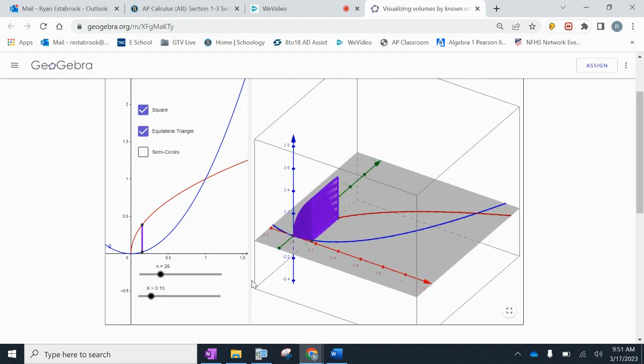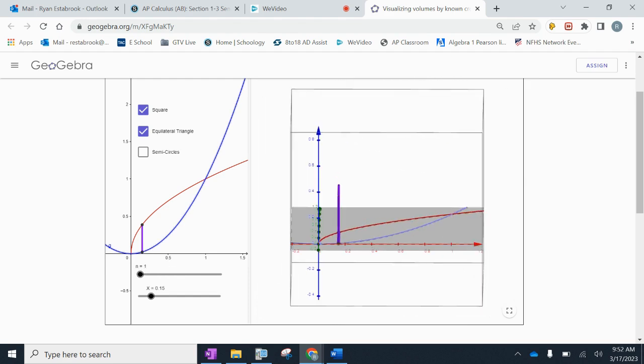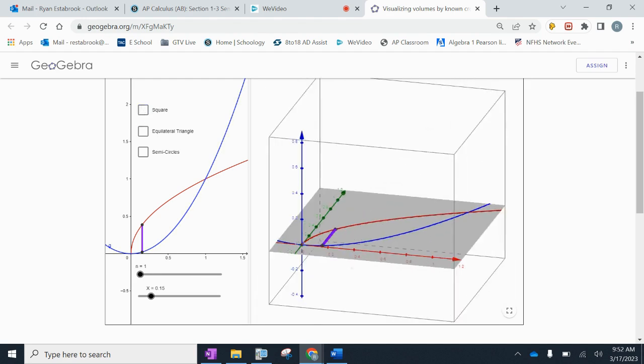So you see the region between this blue and this red. That's just like on an XY axis. The gray part is just a plane. And then we have this cross section right here. And I'm going to have this cross section start off by being a semicircle.